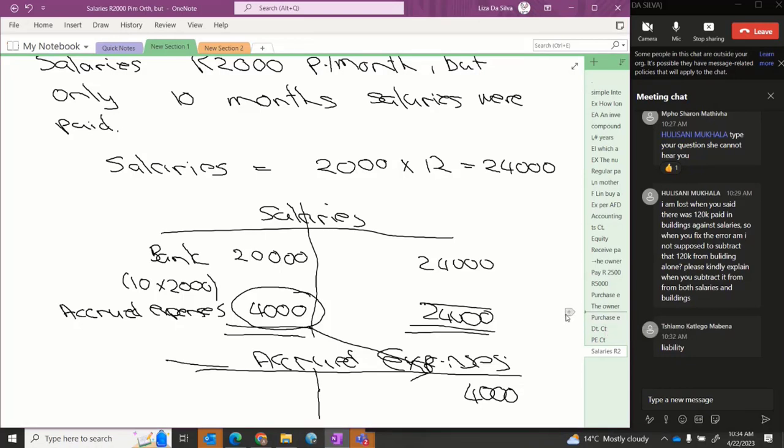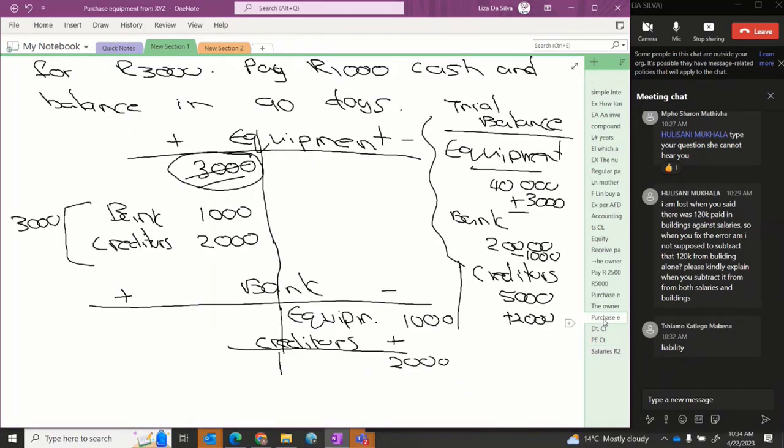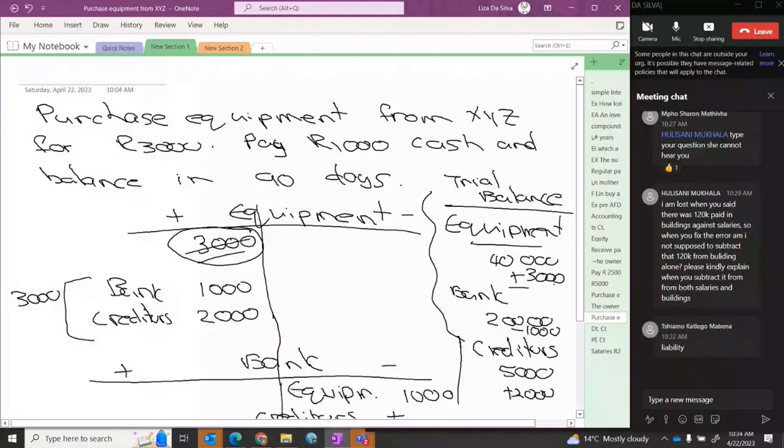I'm lost when you say paid in buildings against salaries. So when you have to subtract that. Okay. Let me just get to the, okay. So the adjustment said that the auditor went through the books and they saw that equipment that was purchased.